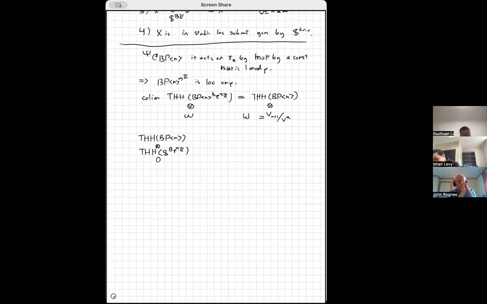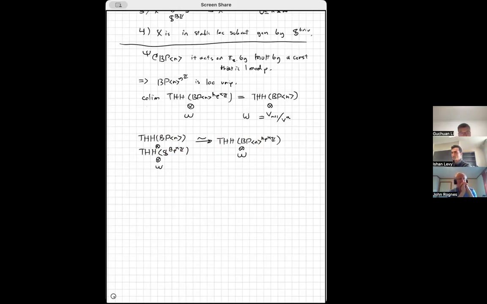What we want to prove is that this object is isomorphic to THH of BPN, the H P to the KZ. Okay. And the problem is that we don't even have a comparison map. There's a map from this ring into THH of BPN to the HP to the KZ. That's because this even acts on this, and there's a unit. But we don't have a map in from THH of BPN.